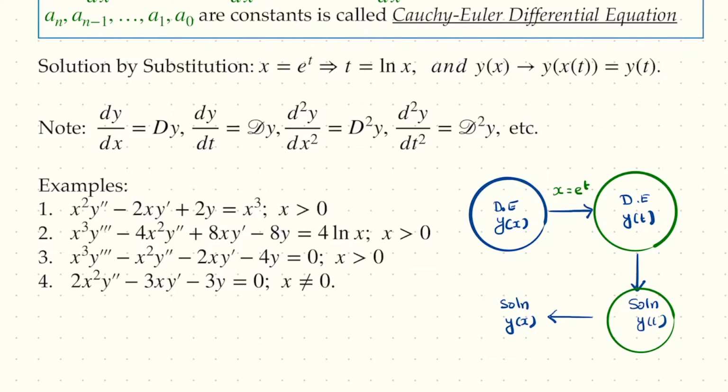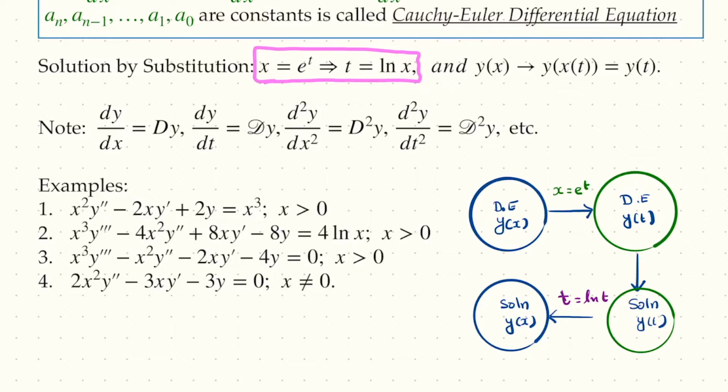Once you solve this, you do the resubstitution, and the resubstitution is t is equal to ln of x. That's something I've highlighted here. That's what we're going to use: the substitution, the resubstitution, and so on. Then you have a solution, and that solution is a solution to the original differential equation, which is the Cauchy-Euler.